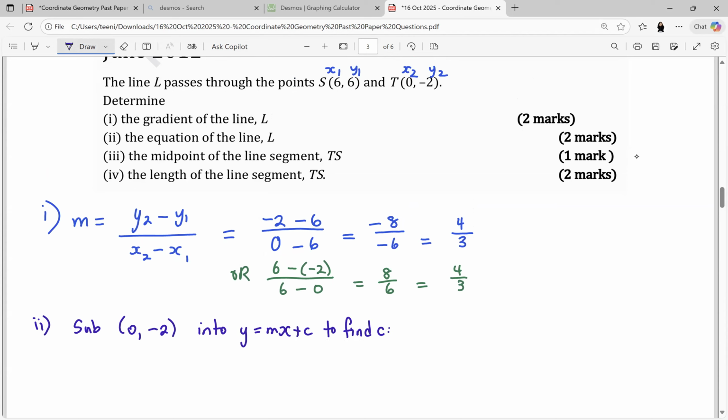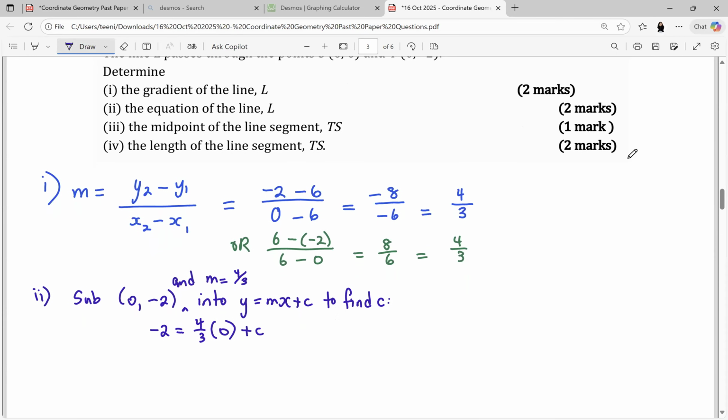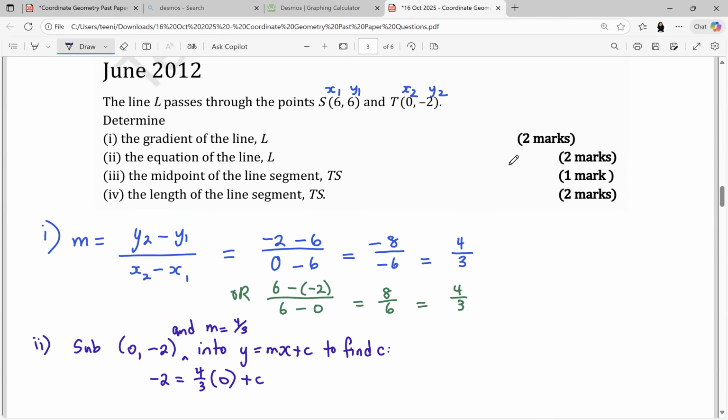Wherever I have y, I'll replace it with -2. So that'll be -2 is equal to m, the gradient, which is 4 over 3, times x here, which is 0, plus c. So I'm supposed to say substitute 0, -2, and m is equal to 4 over 3. You substitute any one of the points. You could have used 6, 6 if you wished.